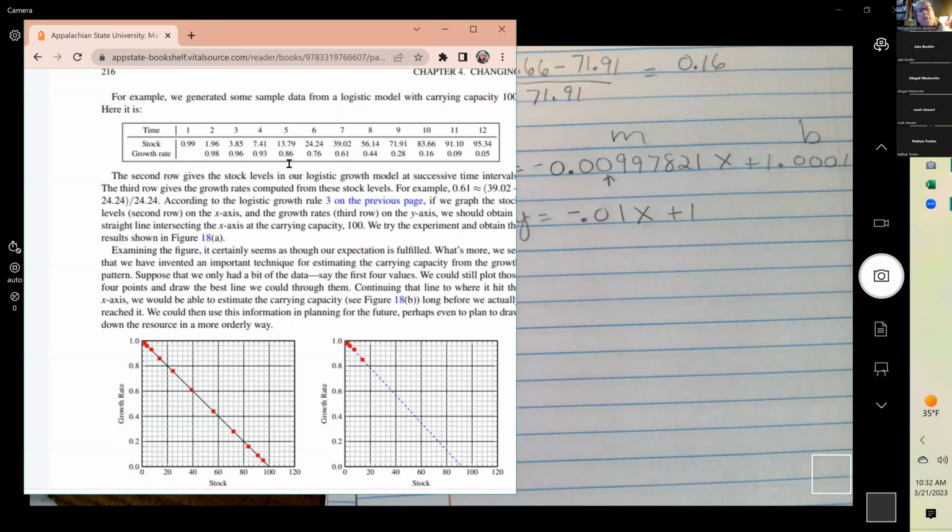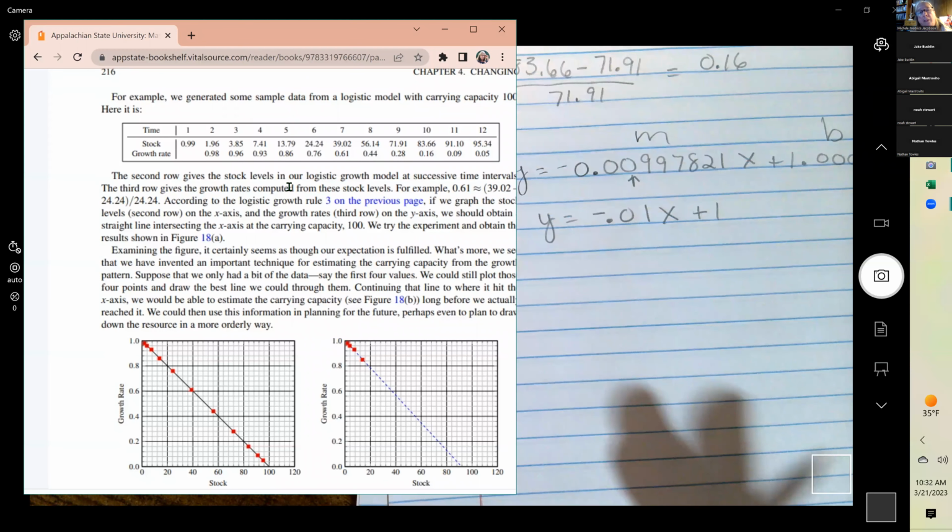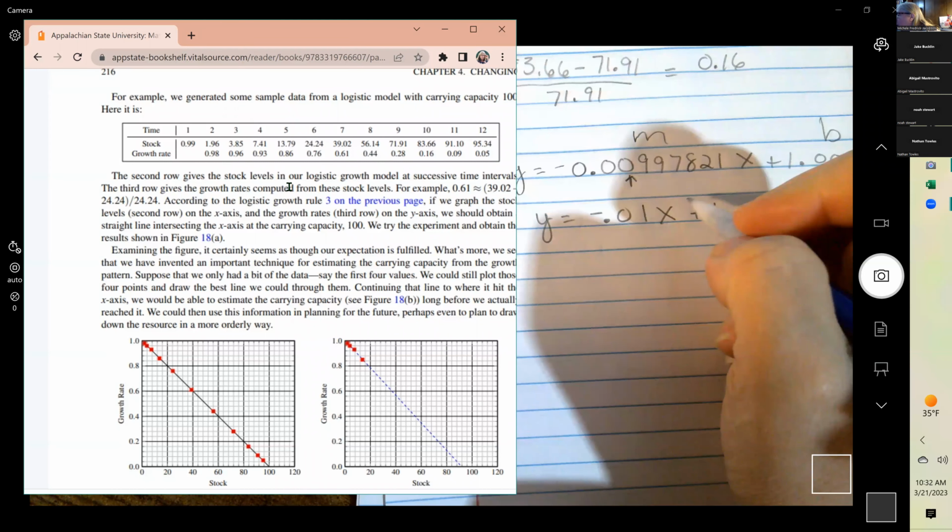Now, we went up to 56. So if we make an estimate of a value in here for stock, it will tell us the growth rate. So if we put, what's the growth rate when the stock is 12? This is the stock.